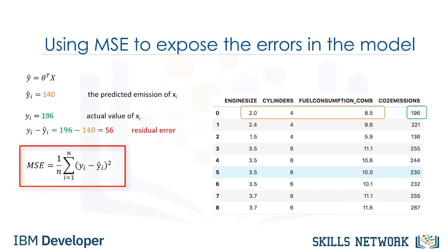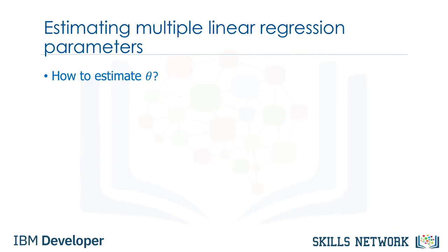But how? How do we find the parameters or coefficients for multiple linear regression? There are many ways to estimate the value of these coefficients. However, the most common methods are ordinary least squares and the optimization approach. Ordinary least squares tries to estimate the values of the coefficients by minimizing the mean squared error.